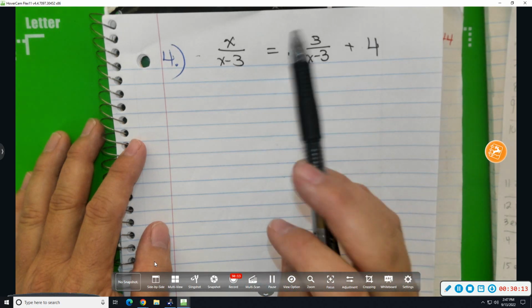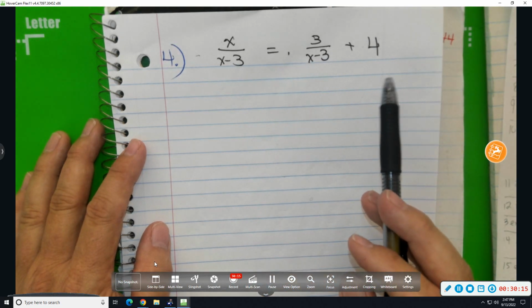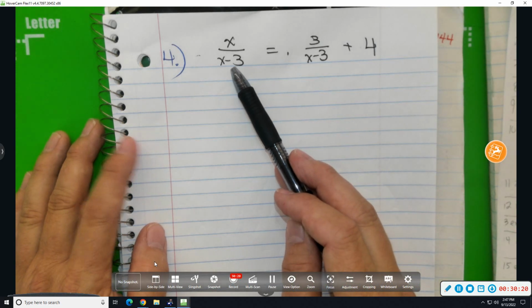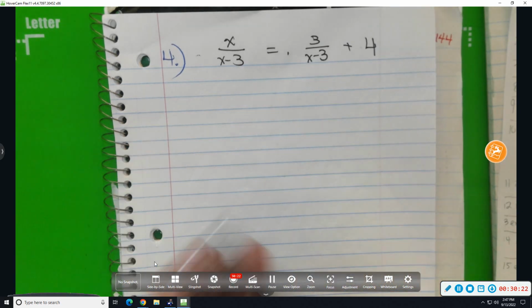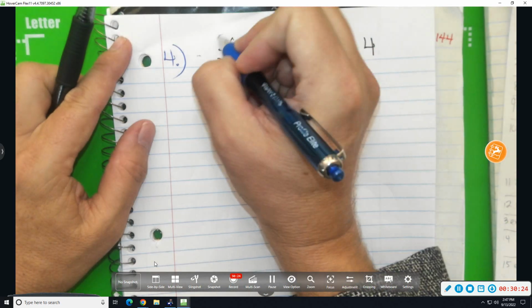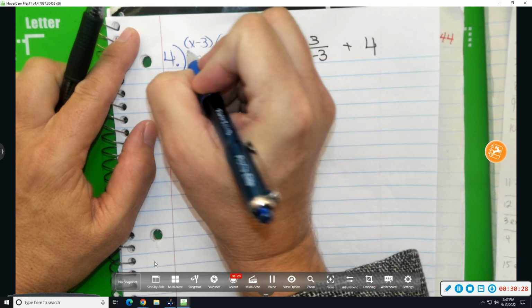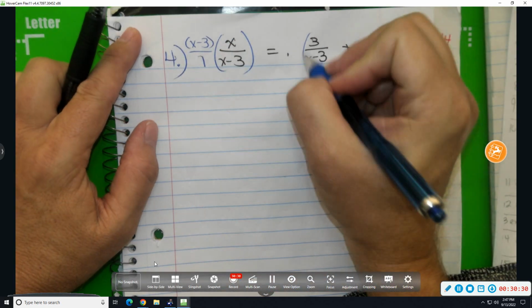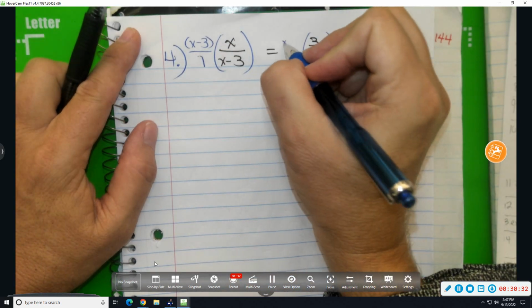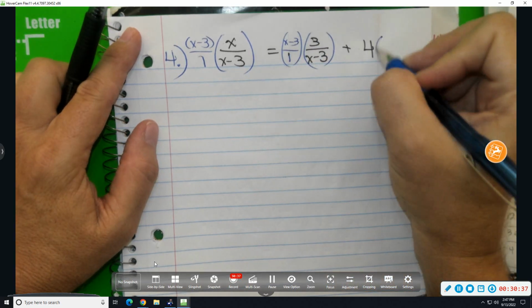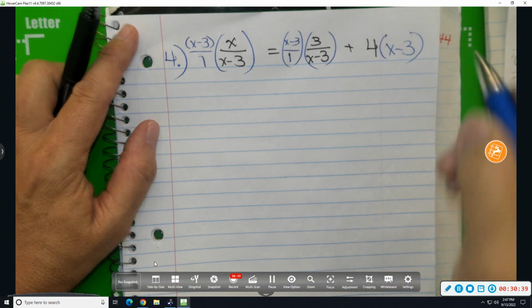The thing you have to multiply by to cancel out x minus 3 is, well, an x minus 3. So multiply by x minus 3, multiply by x minus 3, and multiply by x minus 3.